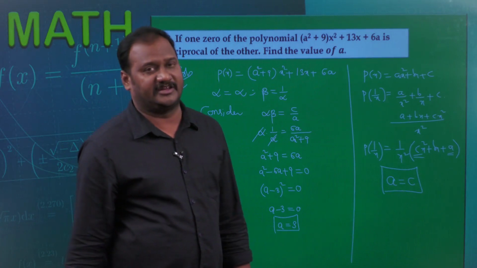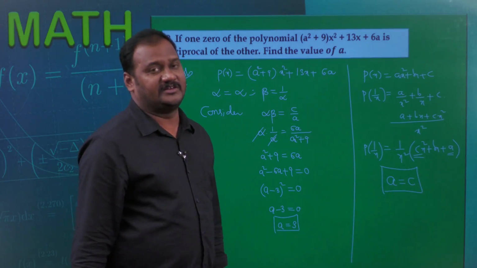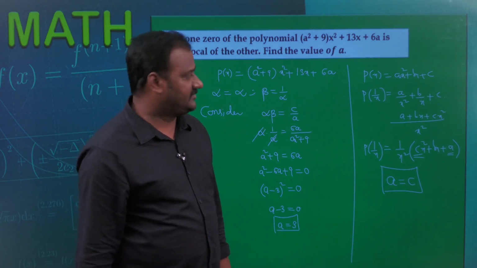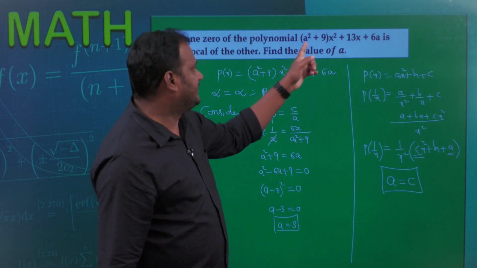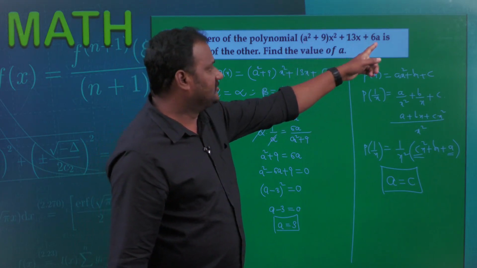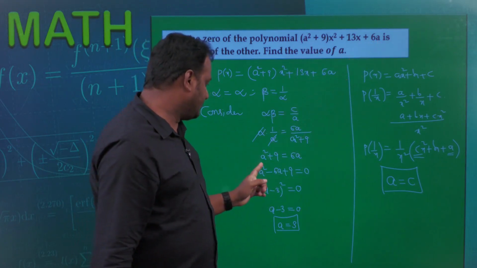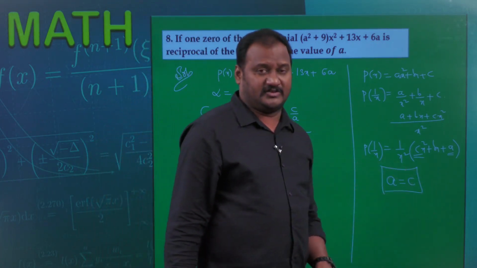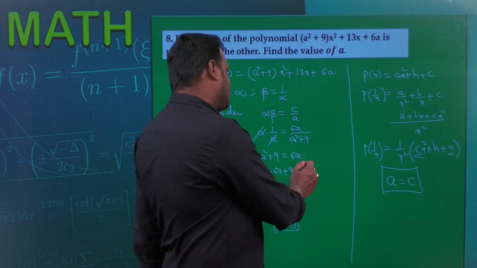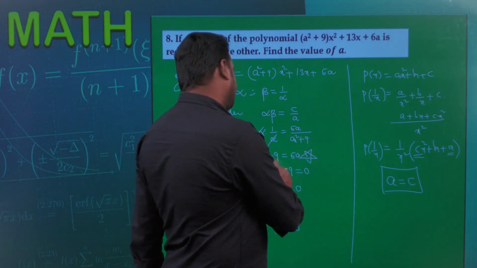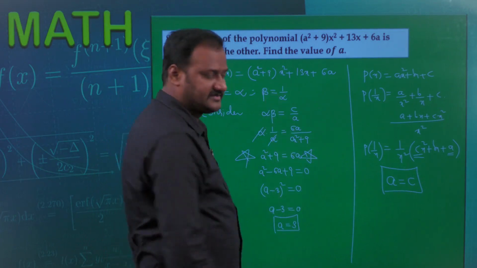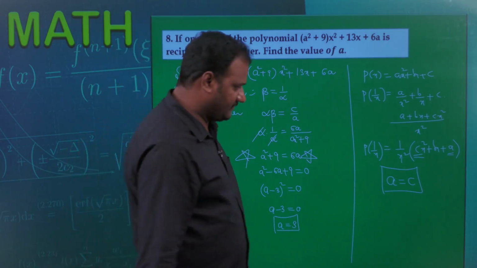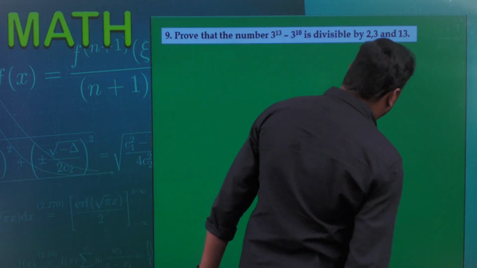When a and c are equal, only then is one zero the reciprocal of the other. See now, a is equal to c. What is c here? a square plus 9 equals 6a. We got that here only. If you can utilize this information, you can start solving the problem from here itself. You don't have to do all these things. Got it? Fine. So moving on to the next problem.